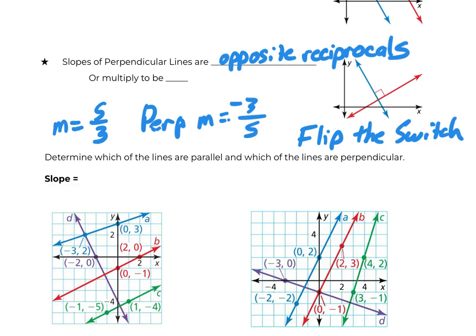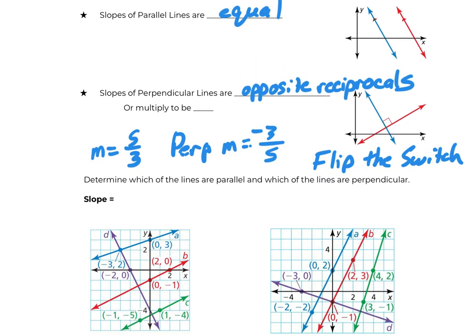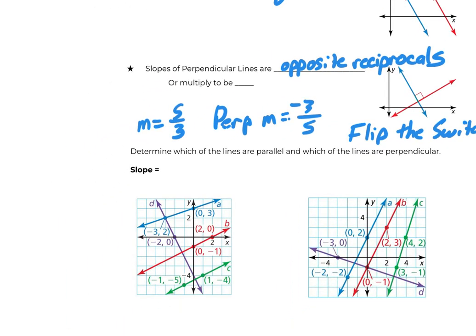Okay. Now here's another thing that we always say about perpendicular slopes. If I were to take 5/3 times -3/5, if I were to multiply those two together, let's see what happens. 5 times -3 would be -15. 3 times +5 would be +15.